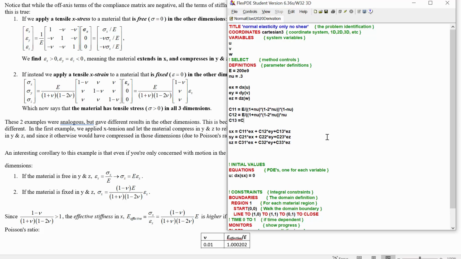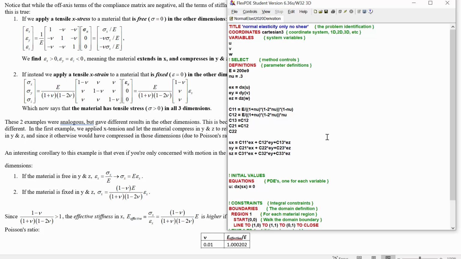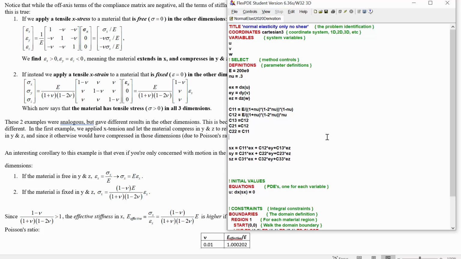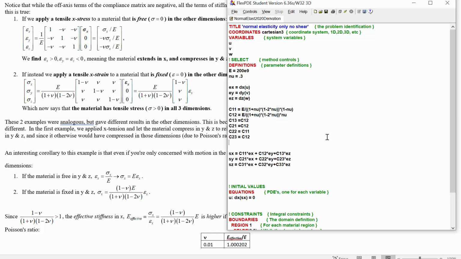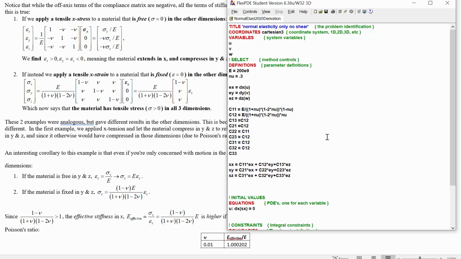Then C13 is C12, C21 is C12, C22 is C11, C23 is C12, C31 is C12, C32 is C12, and C33 is C11. Right. So what I've just done is made all the off-axis components the thing we defined for C12, and all the on-axis components the thing we defined for C11.